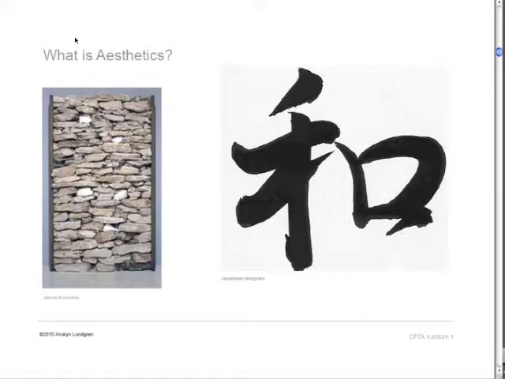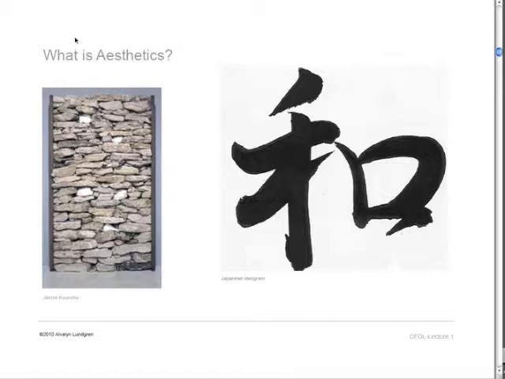And then this is the big question: what is aesthetics? The general answer to this is that aesthetics are somebody's personal preferences, what somebody likes and what somebody dislikes. Aesthetics is generally seen as a personal, subjective understanding.